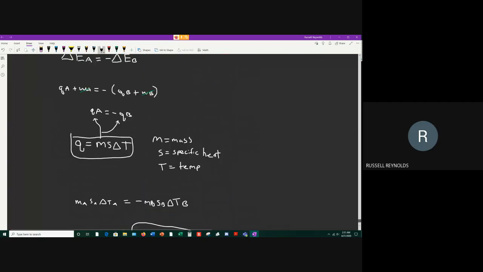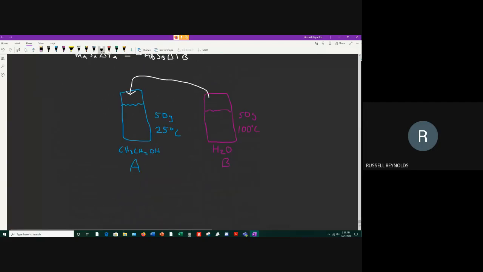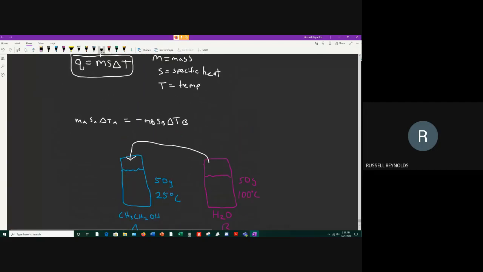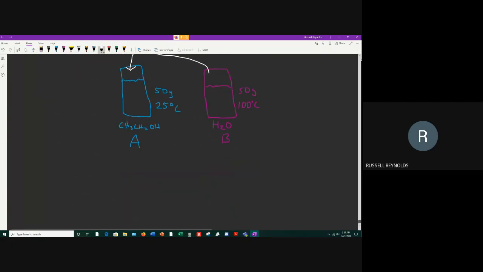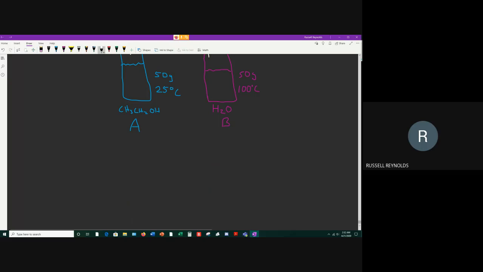So what we'll do is use this relationship here to solve for the final temperature of the solution at thermal equilibrium. The first thing we'll do, we'll treat this as A and we'll treat this as B. So we'll just start plugging in numbers.